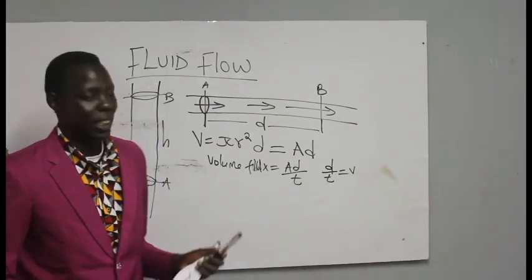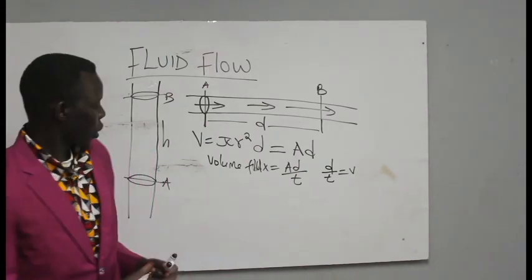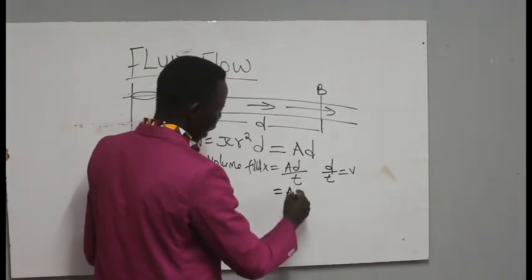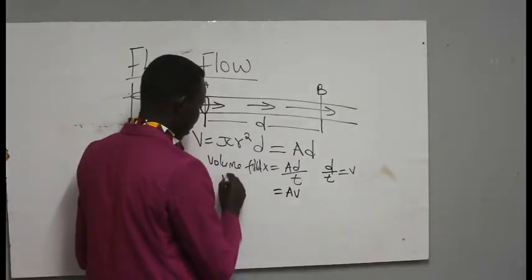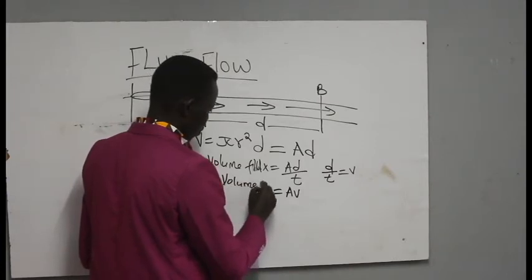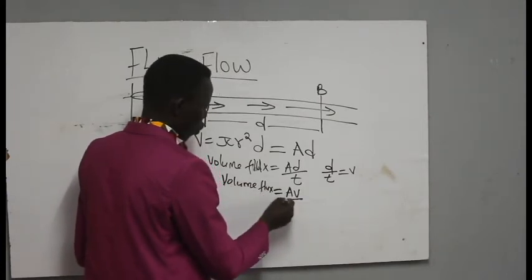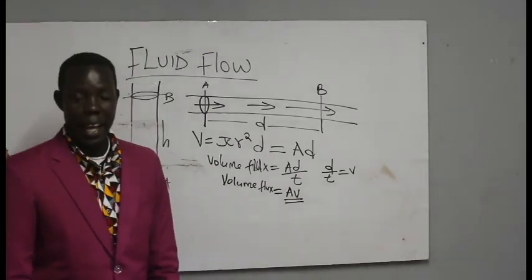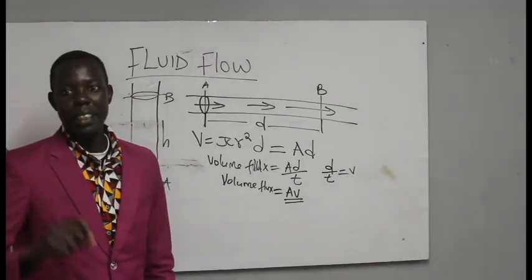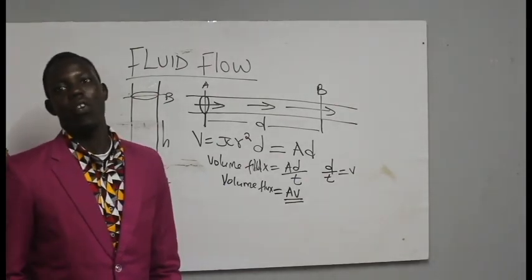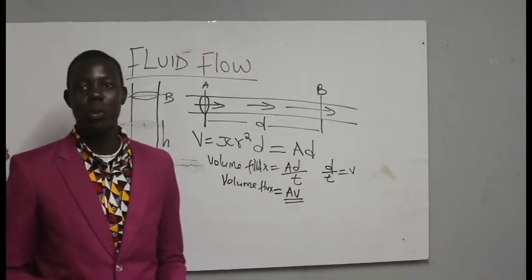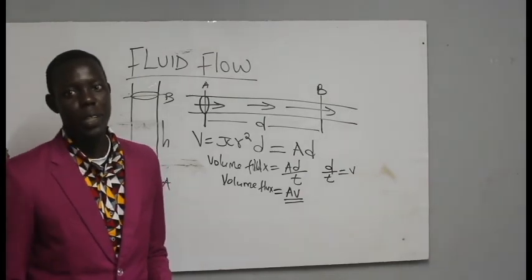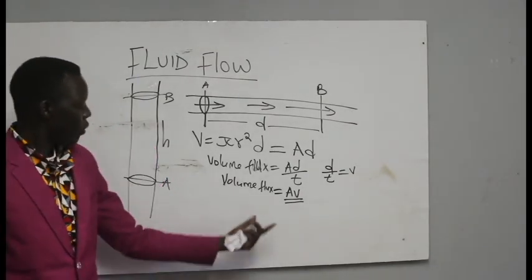So where we have D over T, I just put V. So it's going to be A, then where we have D over T, I put V. So this is the volume flux now: volume flux equals A V. Area, our cross-section area, times the velocity of the flowing fluid. You get your volume flux, the volume of fluid that flows through a given section of the tube of flow per unit time.